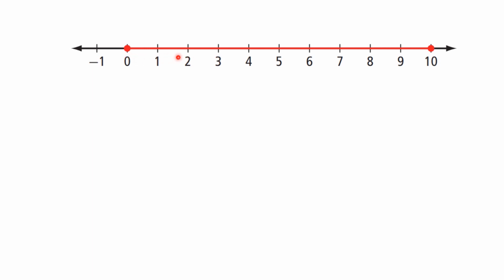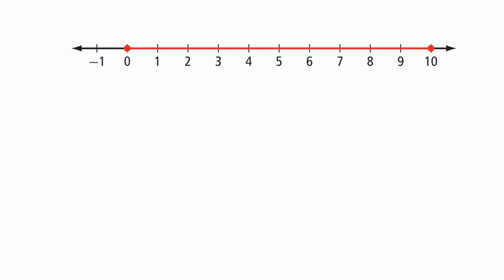But because this is a straight line, it actually tells me that everything in between is also included in this number line. And we just need a way of saying that, what values, because I can see -1 is not included. So I need to have a way of telling people what values are being included.